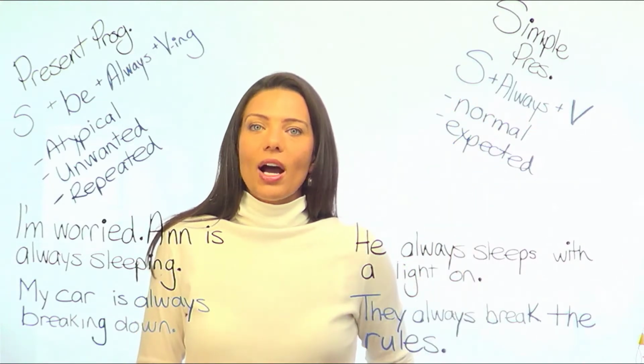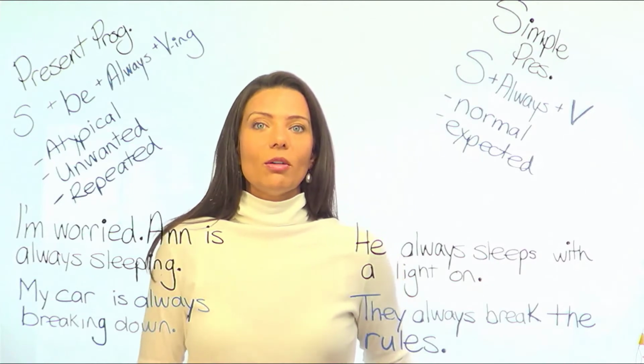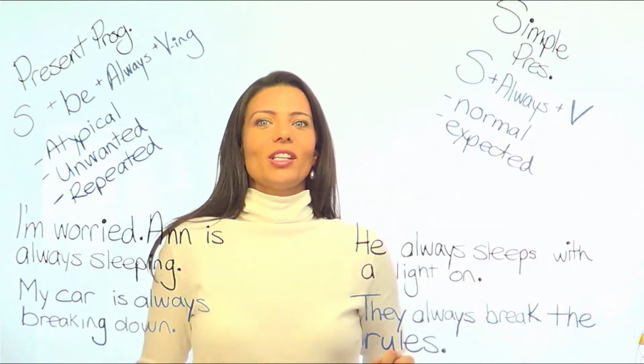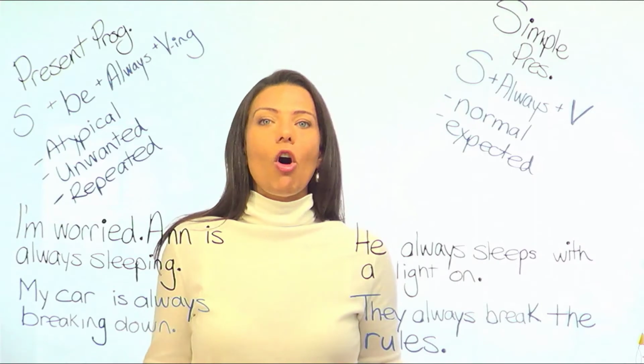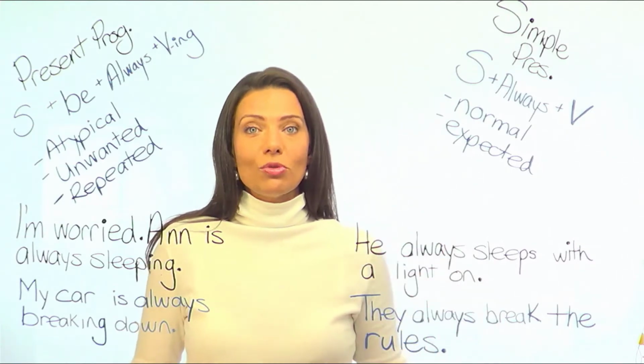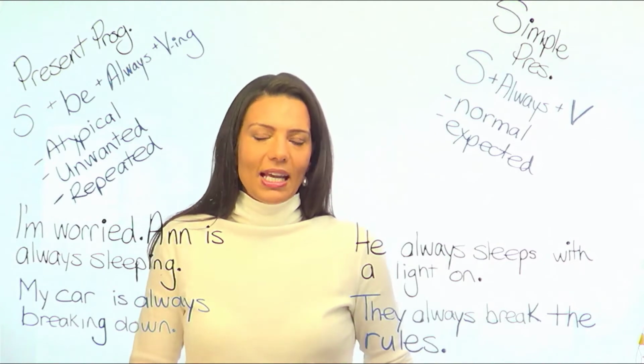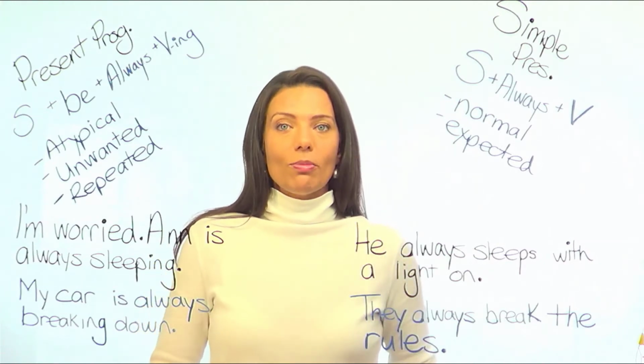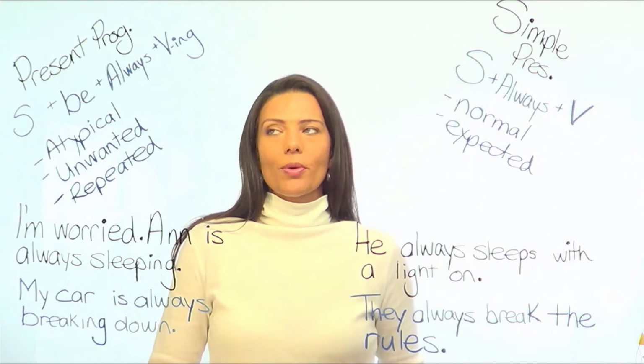The second thing we're going to talk about is the simple present tense. And we're going to talk about how the simple present tense can be used to talk about normal situations that are expected, that happen all the time, and it's okay that they happen because it's normal, it's usual. So both of these cases take a different form grammatically. Let's take a look at that form.